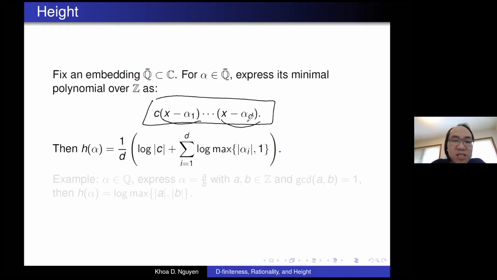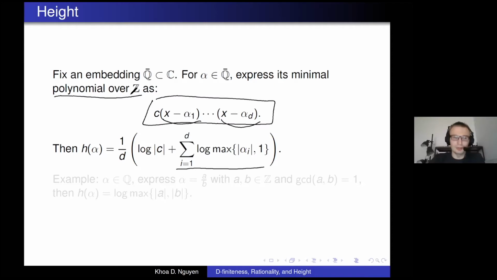It's just the Galois conjugates. And then the height is going to be 1 over the degree times the log of the absolute value of C plus the sum of this quantity. But can it just cancel C? I mean, if I take C being one, to be also the minimal polynomial, right? No, this is a minimal polynomial over Z. It's not over Q. Okay, sorry. Thank you very much.